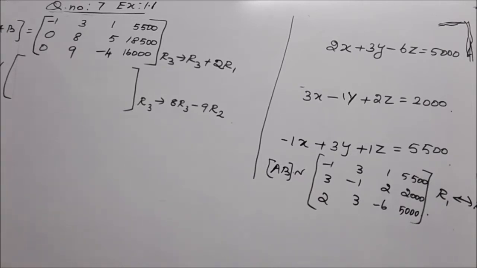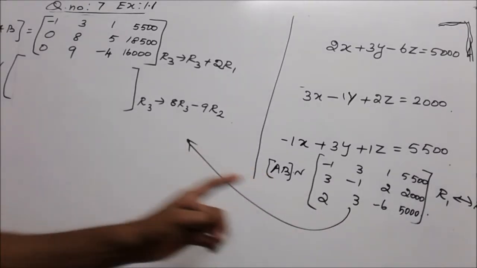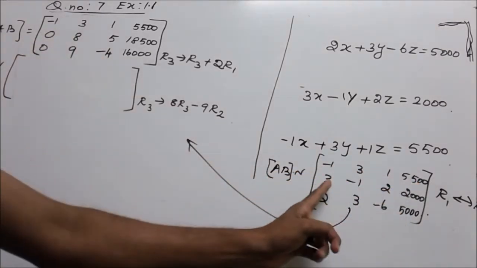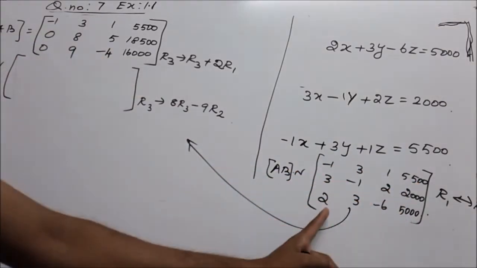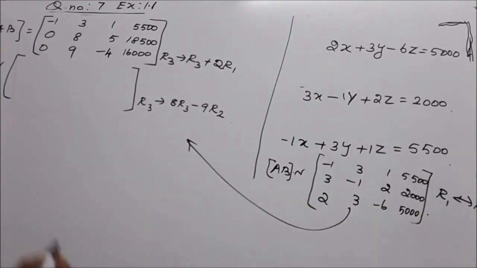Now let's start here. The equivalent matrix AB equals minus 1, 3, 1, 5500; 3, minus 1, 2, 2000; 2, 3, minus 6, 5000 after interchanging R1 and R3.